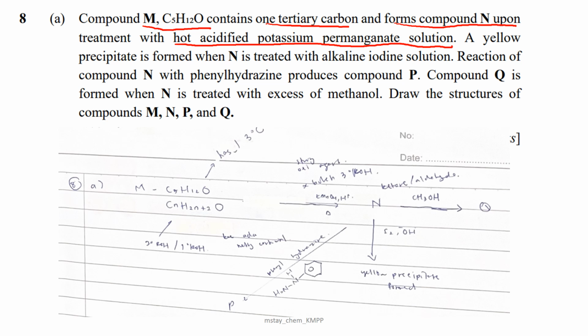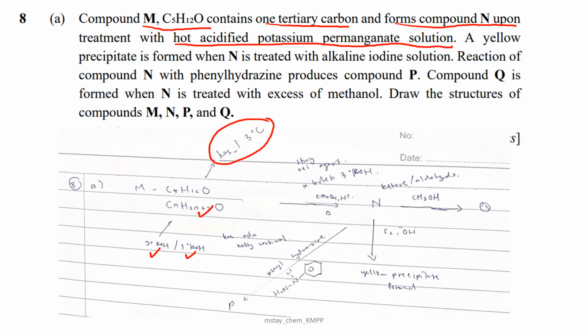So based on the question, like your friends jotted down here, the general formula for M is CnH2n+2O. Then it can undergo oxidation, meaning it is either a primary or secondary alcohol. Then don't forget that there is one tertiary carbon.